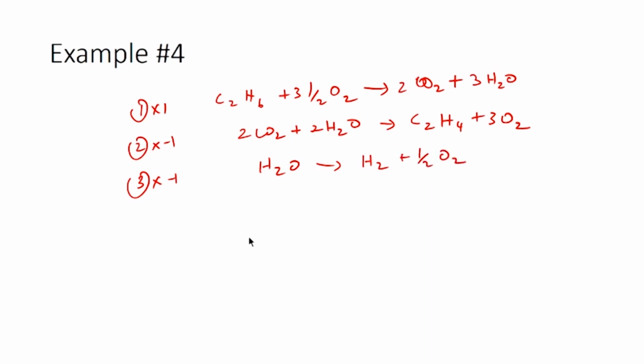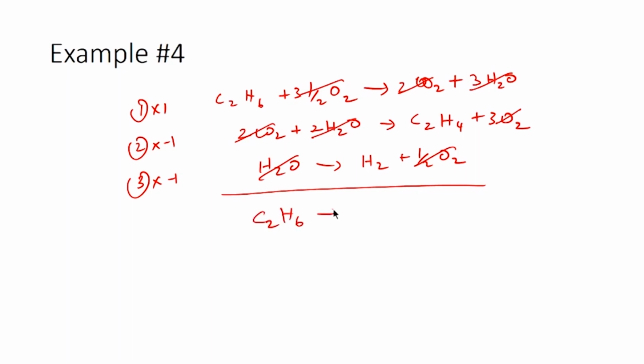Now, when we add these equations, the 3.5 oxygen on the reactant side will get cancelled with the 3.5 oxygen on the product side, carbon dioxide gets cancelled, water gets cancelled, leaving C2H6 gives C2H4 plus H2.